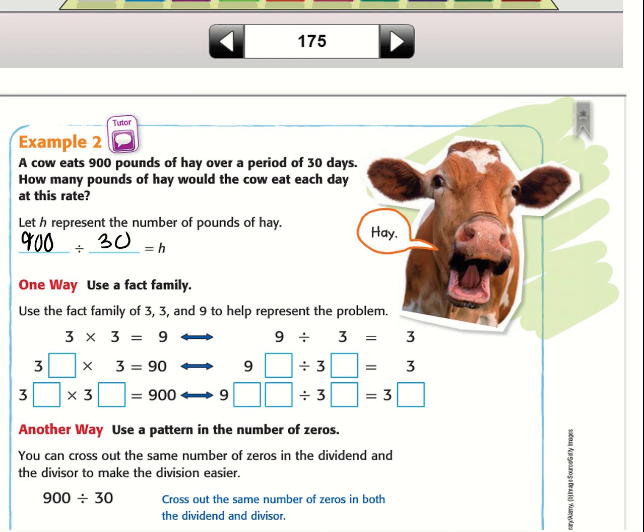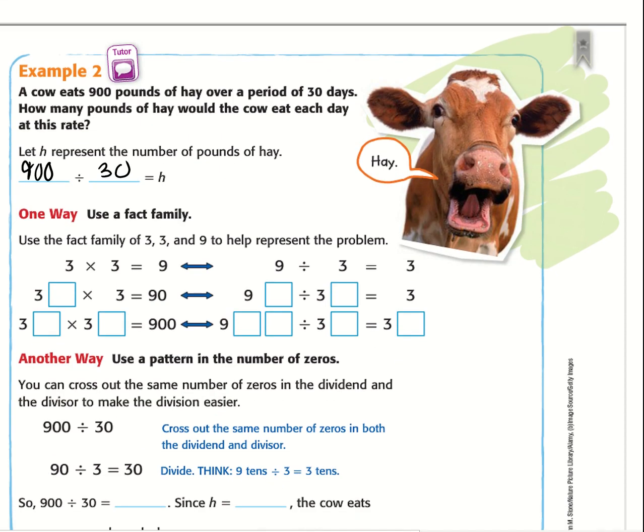Another way to write this is as a fraction, and I'm always going to include the fractions because I know students need extra practice on fractions. So this is the same as 900 divided by 30 equals h. These are the same equations, just written differently.